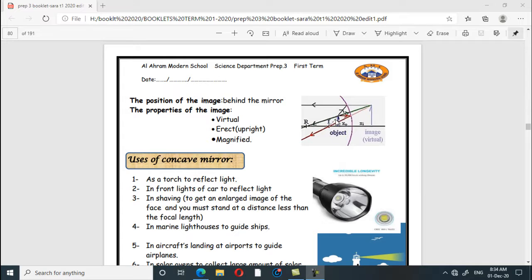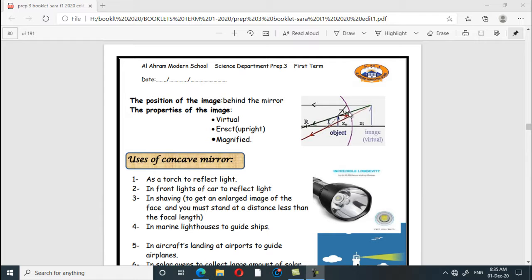And what about if the object is standing at a distance less than the focal length, between the focus and the pole? The first ray parallel to the principal axis will reflect passing through the focus, and the second ray can't pass through the focus because the focus is after it. So the light ray will fall on the mirror at 90 degrees, perpendicular on the mirror, it reflects on itself, and the extension of it will pass through the center of curvature.